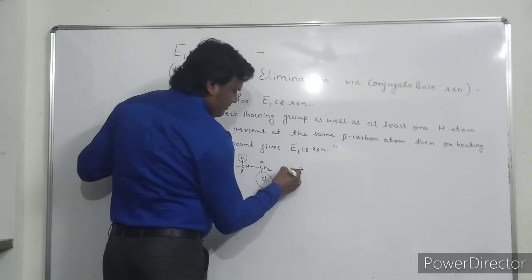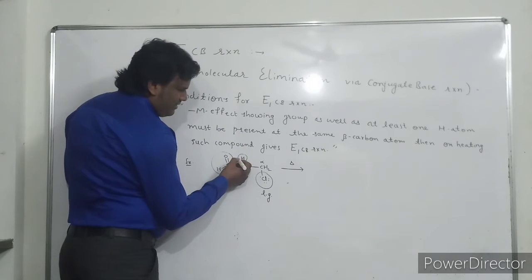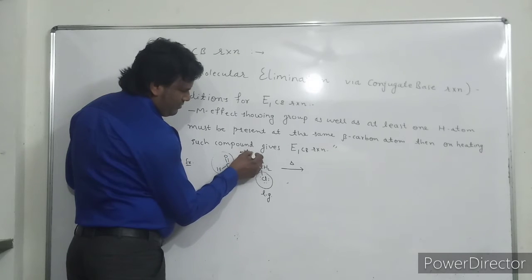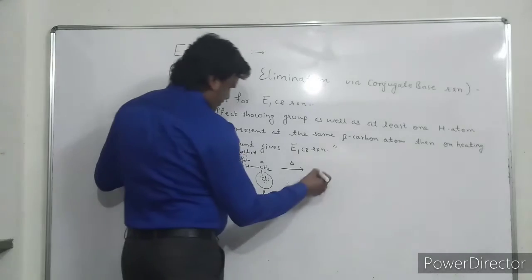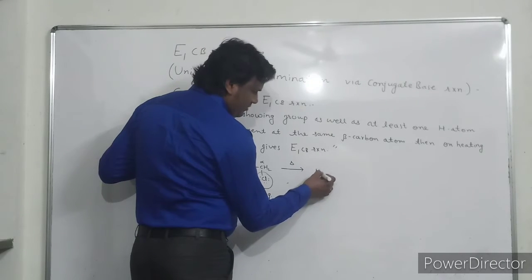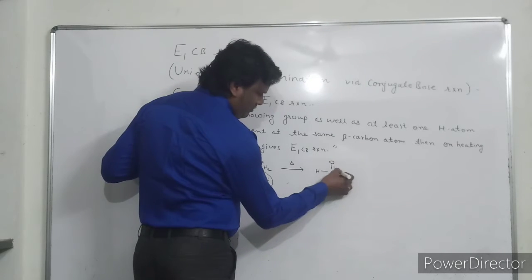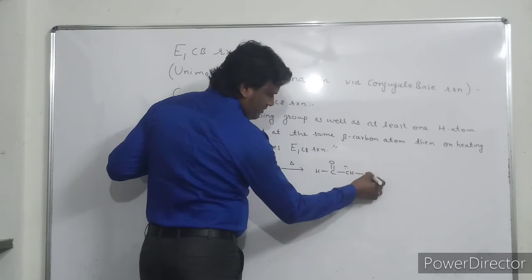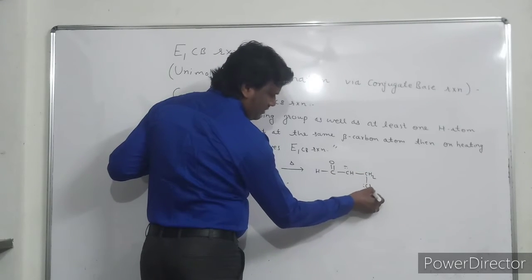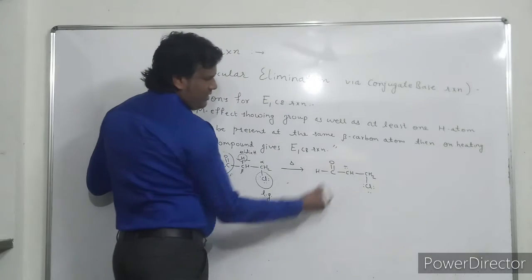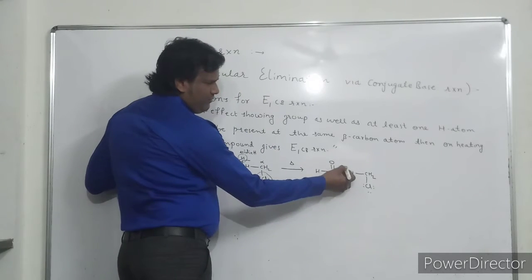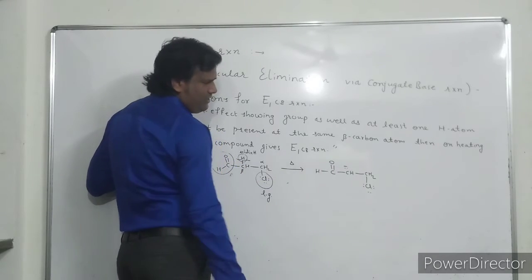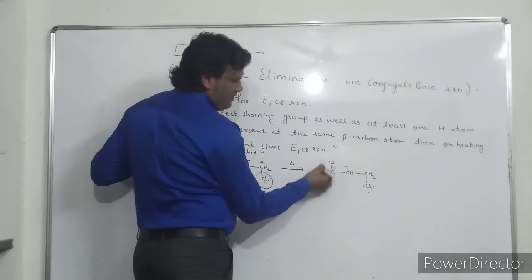On heating, this acidic H will be removed. This is the acidic H. So we get H, C, double bond O, CH, negative charge, lone pair, CH2, Cl. Now this negative charge on carbon is resonance stabilized through the pi bond of the CHO minus M group.